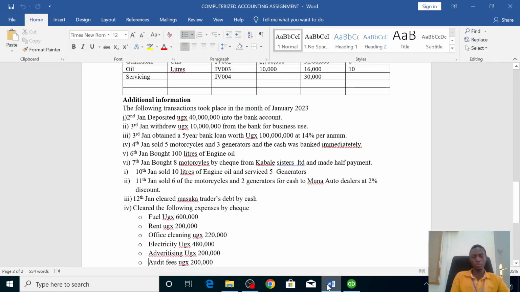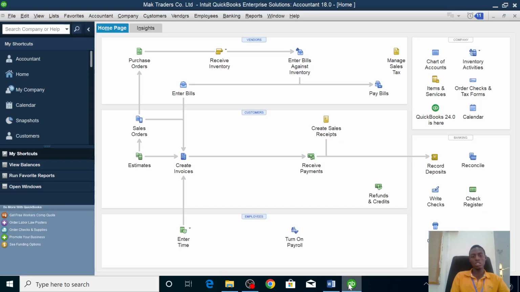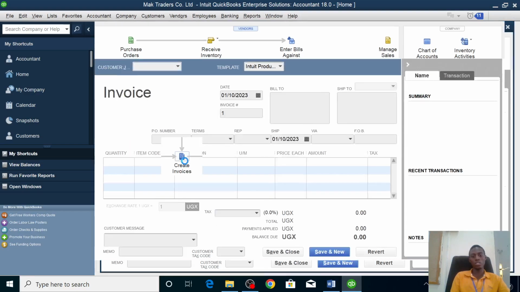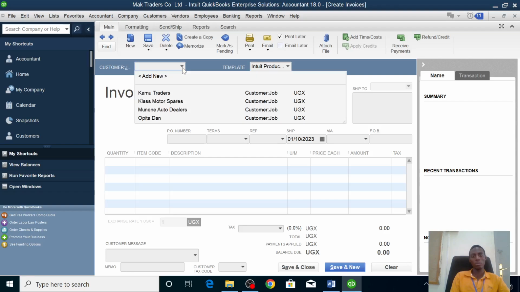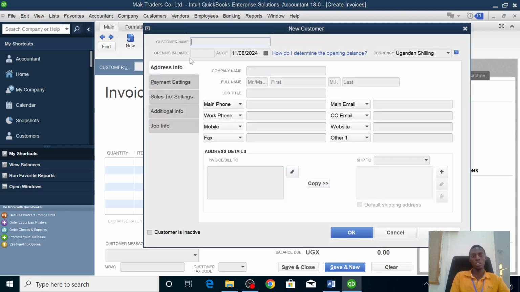The next transaction on 11th, sold 6 motorcycles and 2 generators for cash to Muna at 2% discount. Since it's at 2% discount, we have to start from creating invoice. Our customer, we don't have him here, we just add new as Muna Auto Dealers. I say okay.